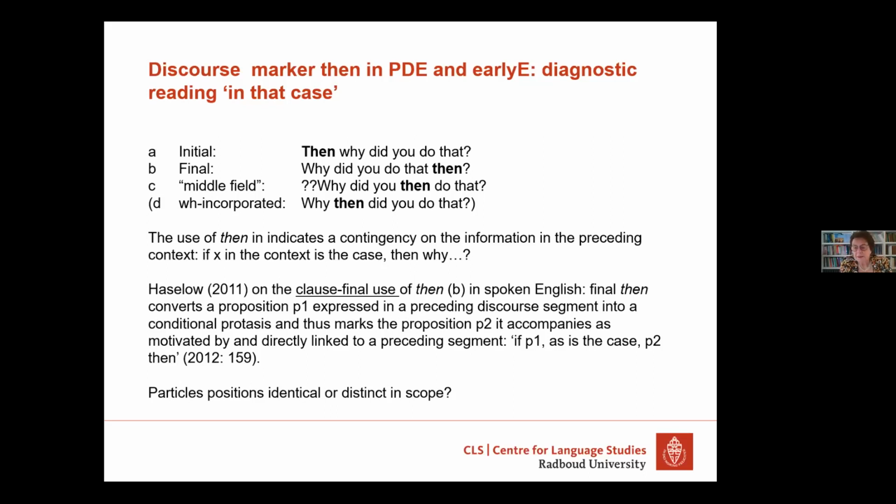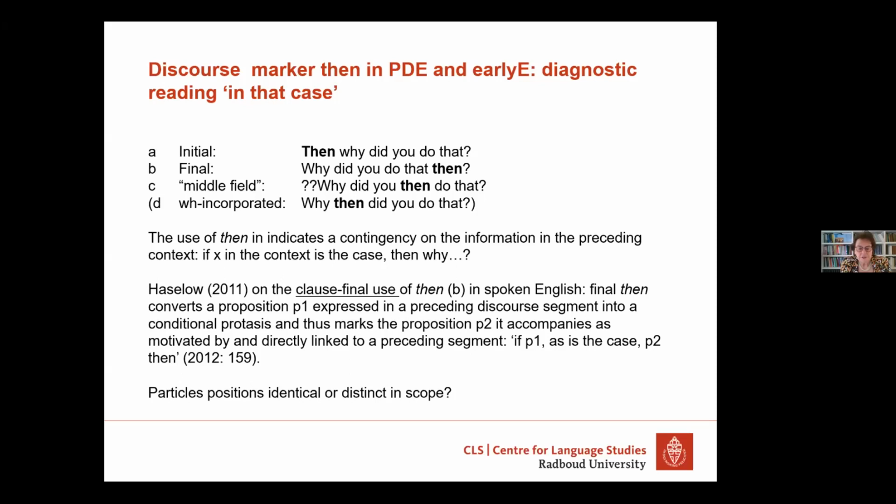So this is why, for diagnosing the particle reading in the historical corpora, I use the paraphrase in that case. Because that gives you a good indication as to whether you can figure out that that context is there, because of course there's also an abundance of temporal adverbs, and there are subtly overlapping areas between the two, so you do need a diagnostic in this case, not to be fooled by your own semantic intuitions.